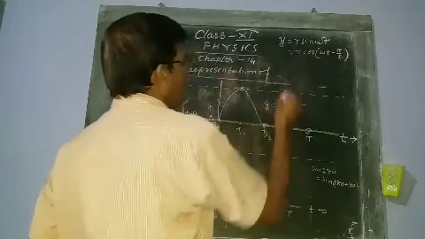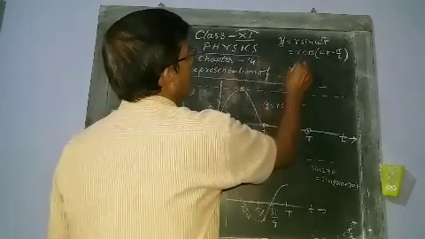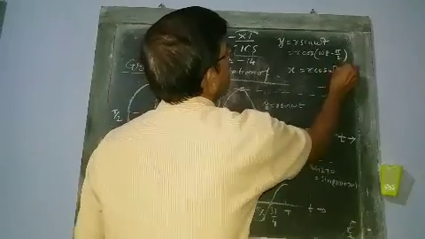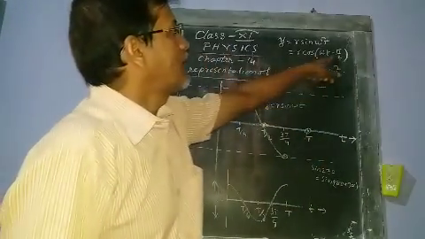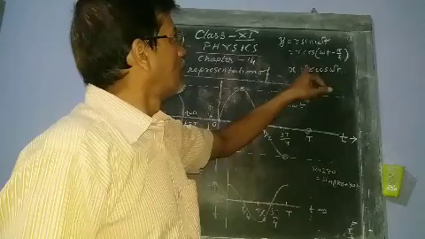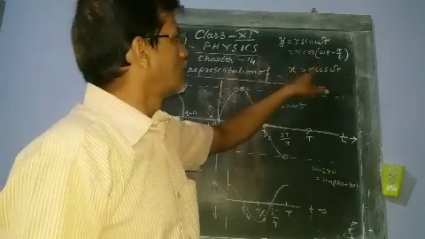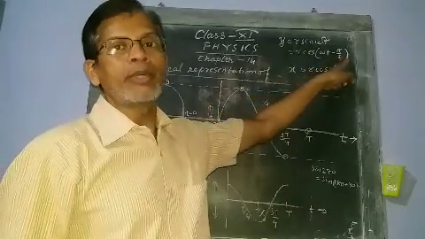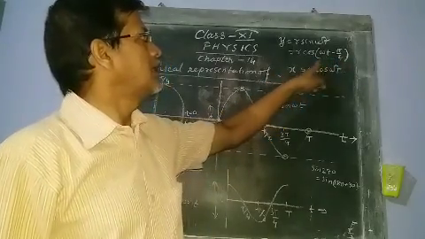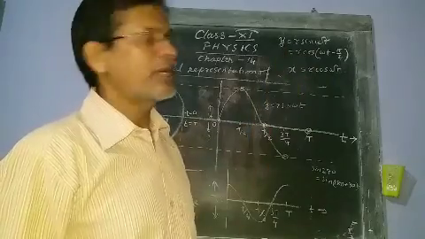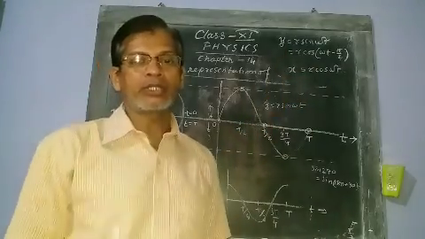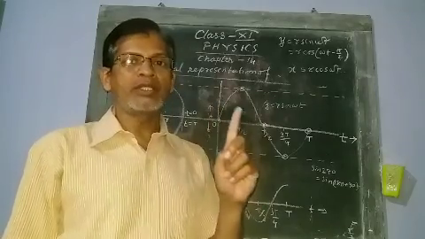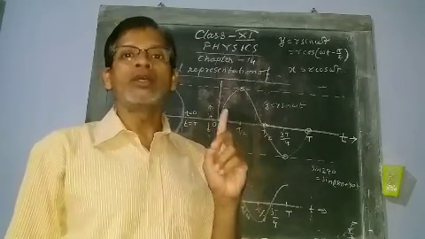And also x equals r cos omega t. So this is pi by 2 less. So the sine curve and cos curve have a phase difference of pi by 2. That means the sine curve is lagging the cos curve by pi by 2.